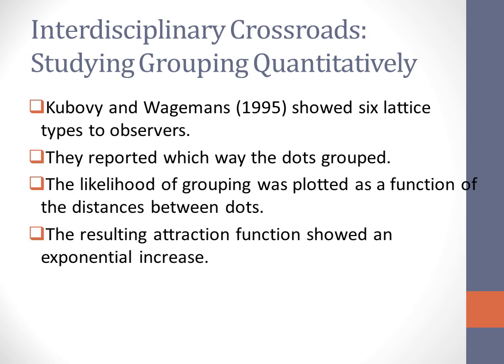The interdisciplinary crossroads in this chapter talks about the work of Kubovy and Wagemans, and there's a series of other papers that they talk about as well, where they used different lattice types to look at perceptual grouping, and you can read about this, but essentially they discover that the distance does in fact affect grouping, but it's not a linear relationship. The attraction function, as they call it, shows an exponential increase with increasing or decreasing distance.